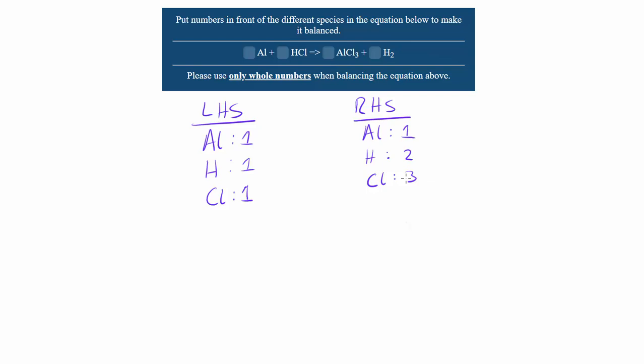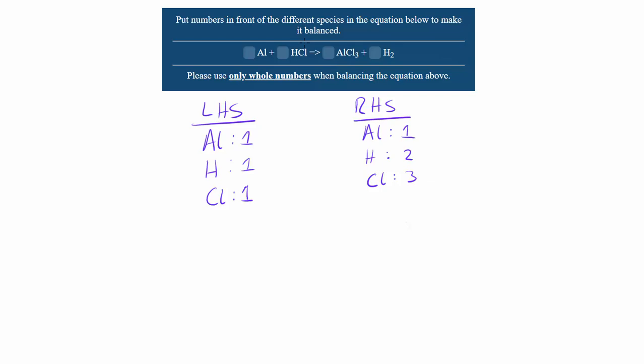So what I'm going to first consider is the inequality between the Cl, because on this side we've got Cl3 and here we've got only a Cl. If we wanted to make that equal, there's more or less only one way, or one of the primary ways, to do that while focusing on getting whole numbers at the end.